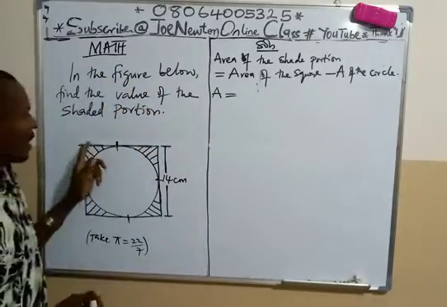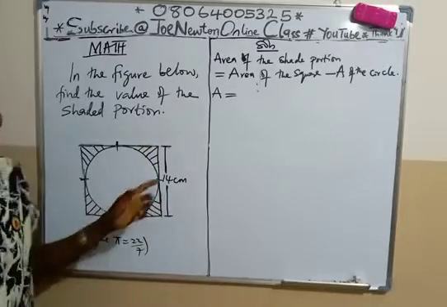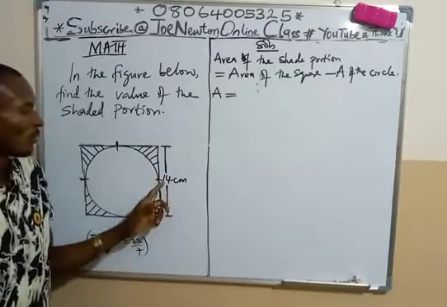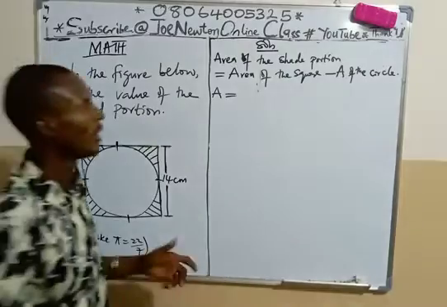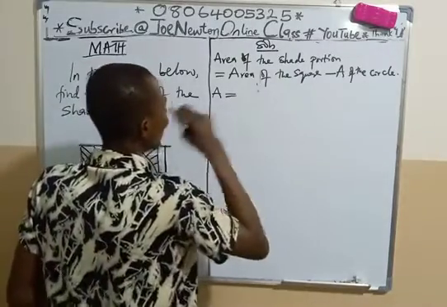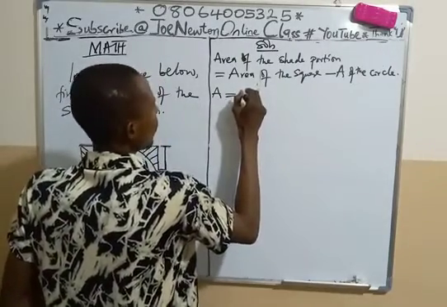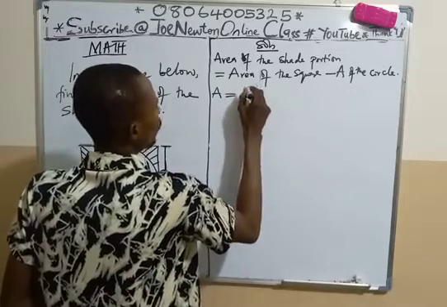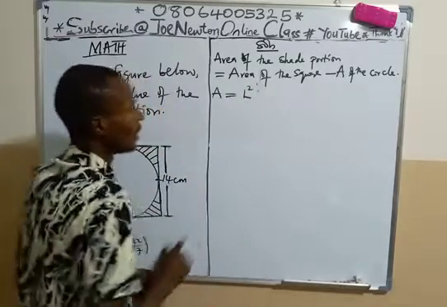First of all, the area of the square, you can see the length of the square given to us, which is 14 cm. So area of the square is giving us length square. That is area of the square.